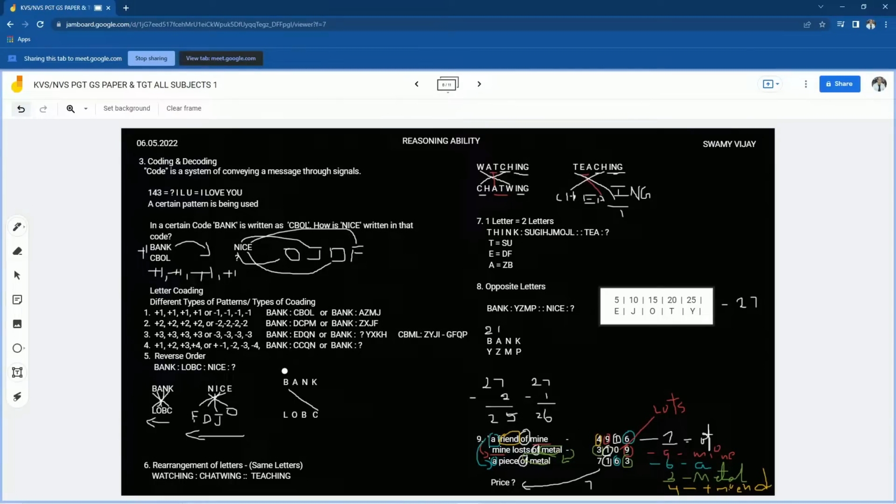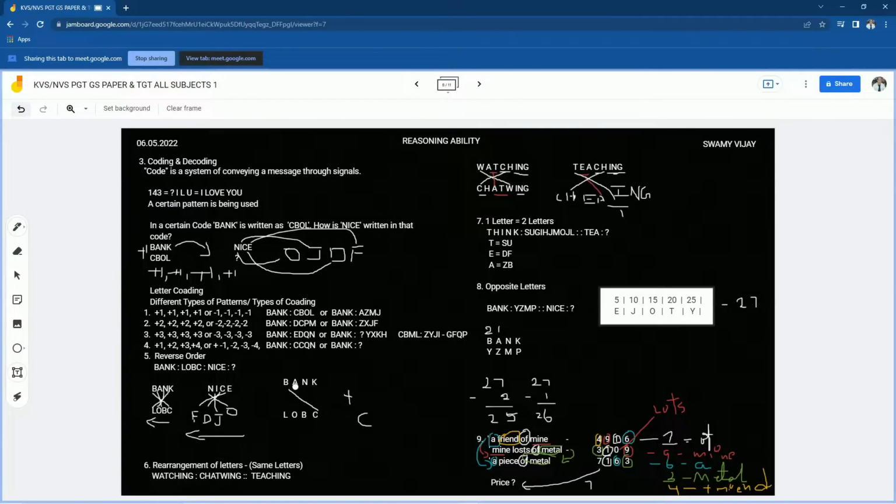That means the first letter in the word BANK has been made the last letter in LOBC, by adding plus 1. By adding plus 1, what is the answer? C, correct? Yes, sir. Now tell me, what is the next letter after A? Plus 1 pattern. B, sir.